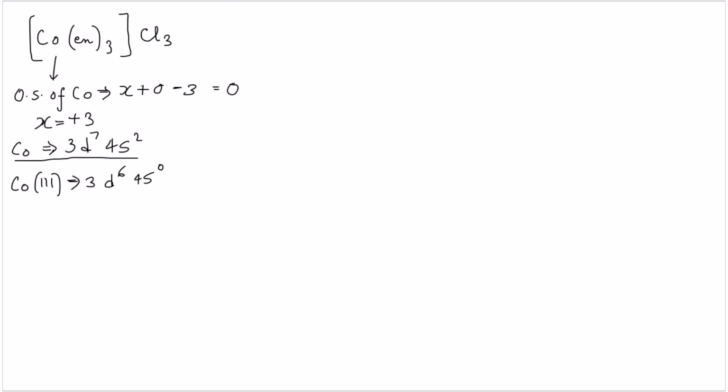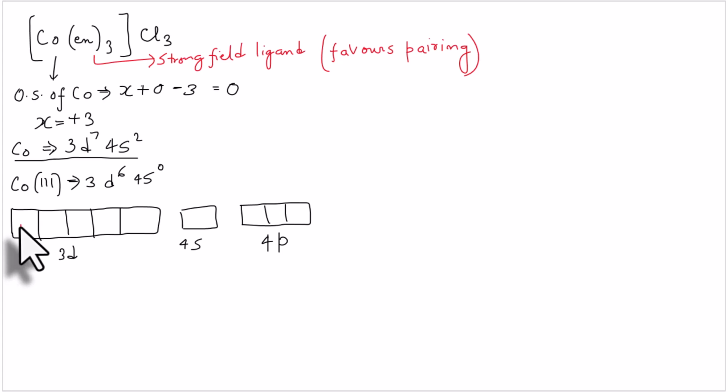Now what about the nature of the ligand? The ligand here is ethylene diamine, which is a strong field ligand which favors pairing of d electrons. Now we arrange these d6 electrons in the 3d subshell, so 5 and 1, 6. Due to the influence of these ethylene diamine ligands, pairing occurs, and that is why this electron shifts here and this one shifts here and gets paired.